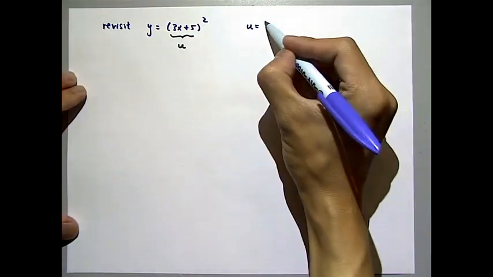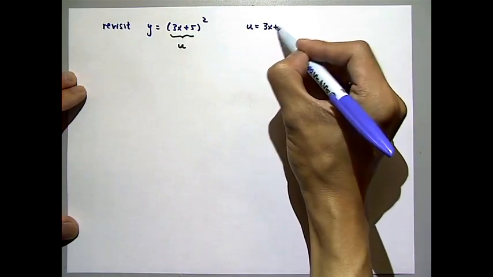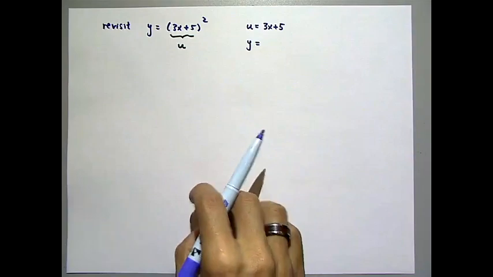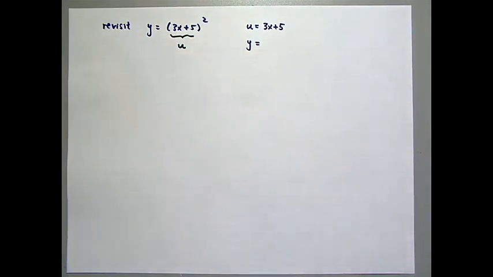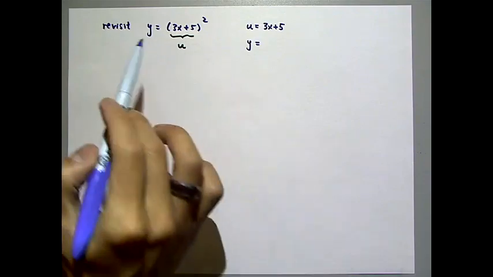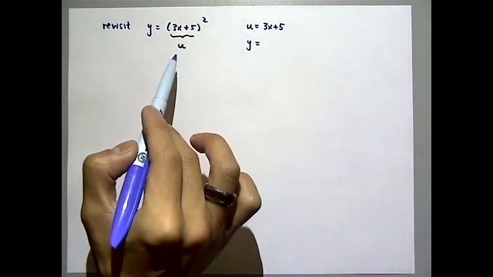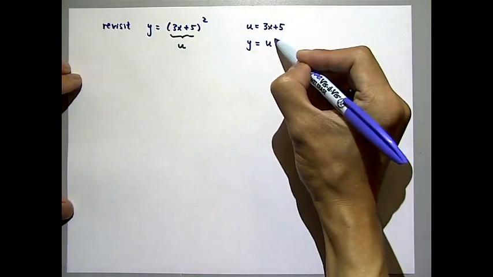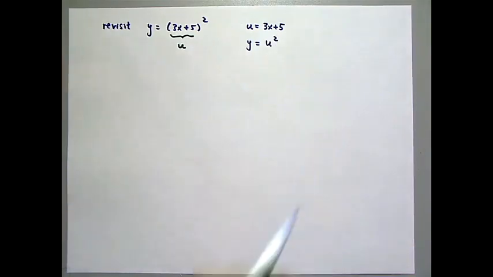So u is 3x plus 5. Now you write the outside function, what y is doing to this group of things you call u. Y is just looking at that thing, u, and squaring it. So y is u squared, and u is 3x plus 5.